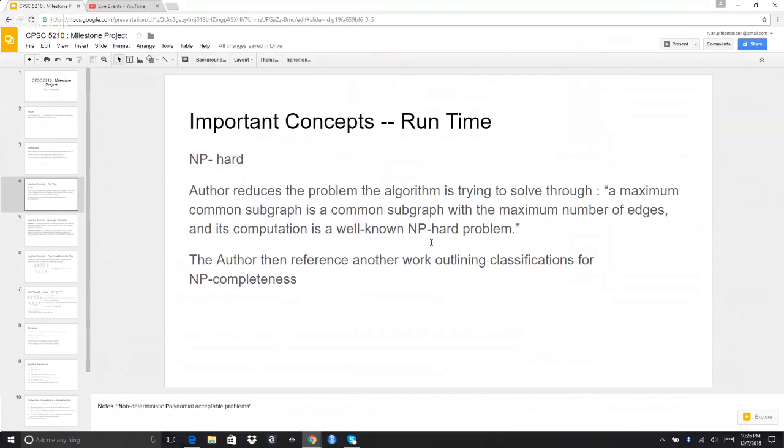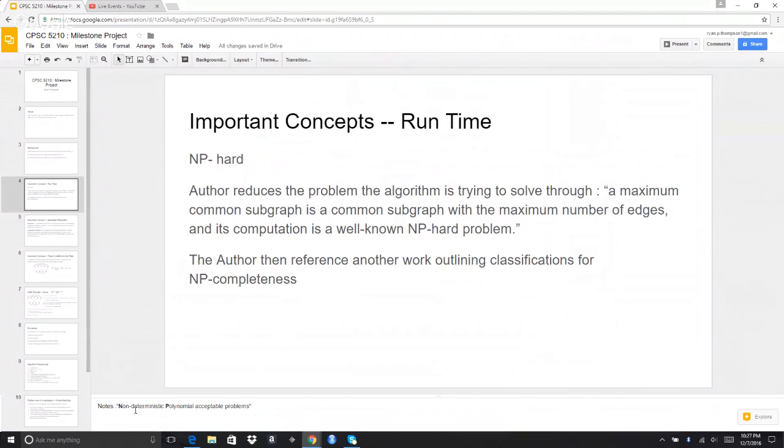as NP hard. So right from the article's text, the author reduces the problem the algorithm is trying to solve to maximum common subgraph, which is a common subgraph with the maximum number of edges, and its computation is well known NP hard. And then the author references other works inside the paper that classify different types of NP completeness.